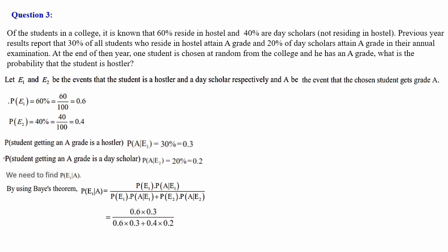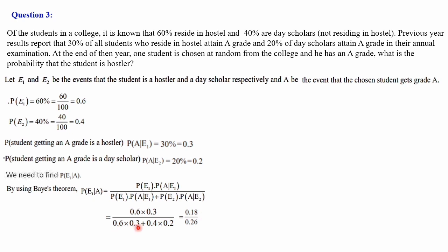Let's substitute the values. P of E1 is 0.6 and P of A given E1 is 0.3. Then P of E1 into P of A given E1, that is 0.6 into 0.3, plus P of E2, which is 0.4, into P of A given E2, which is 0.2. Just multiply it. 0.6 into 0.3 is 0.18.